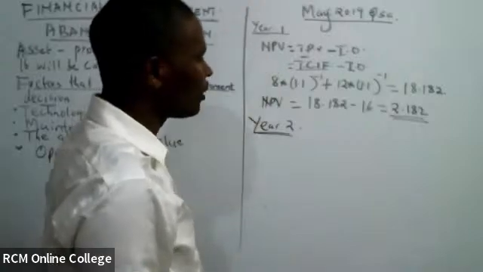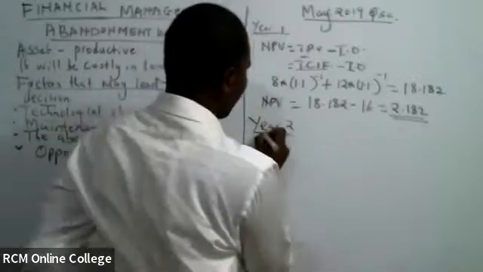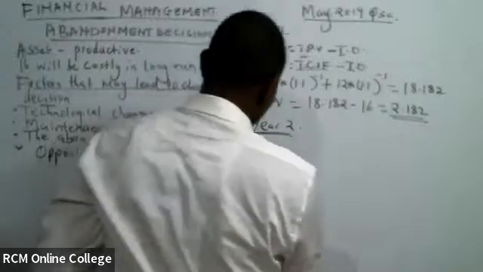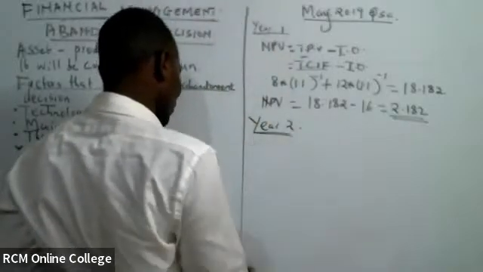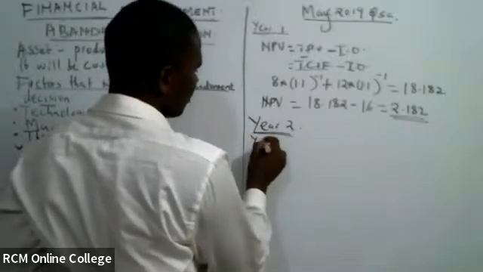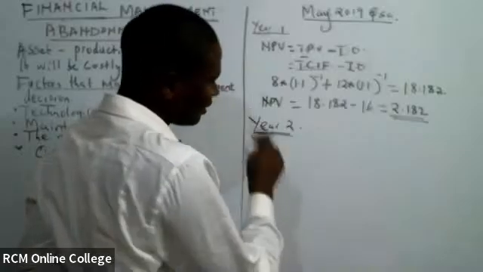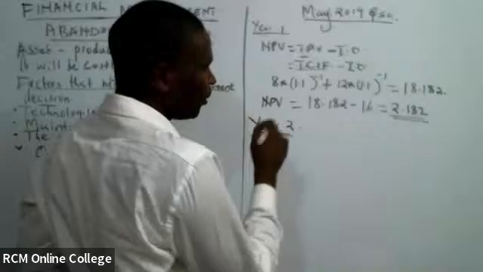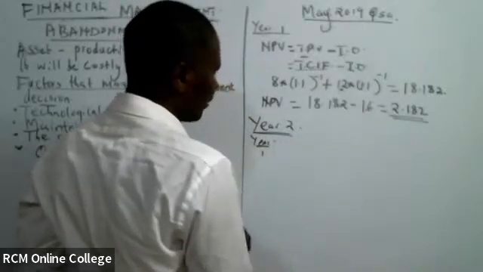Or let me just arrange it the other way so that it does not confuse you. Year 1 must be included because this is the same project. The only thing that is changing is our abandonment value.